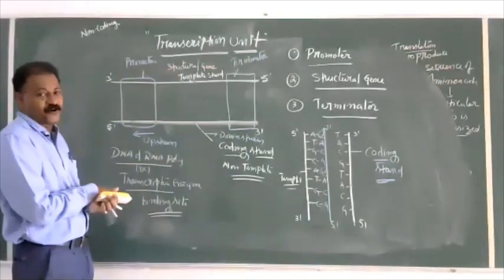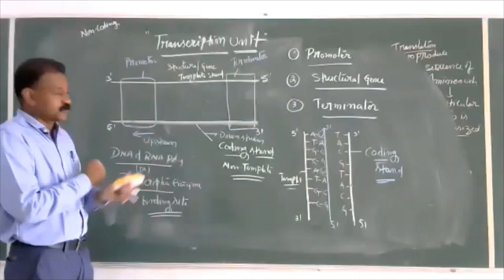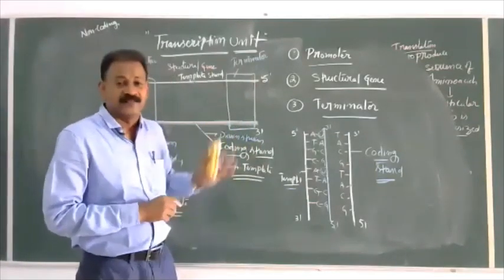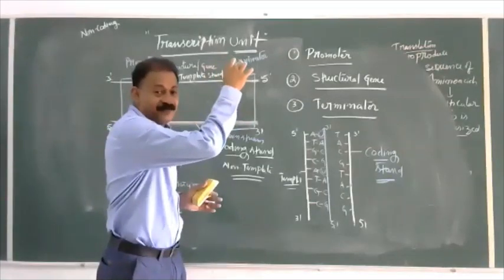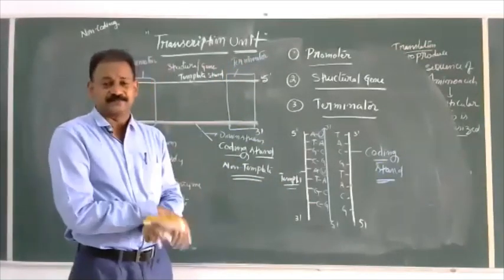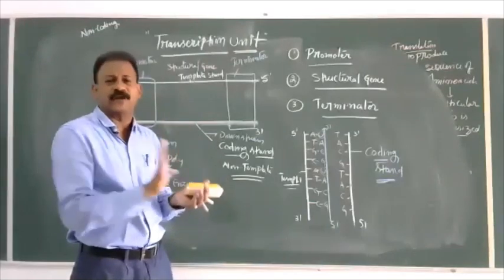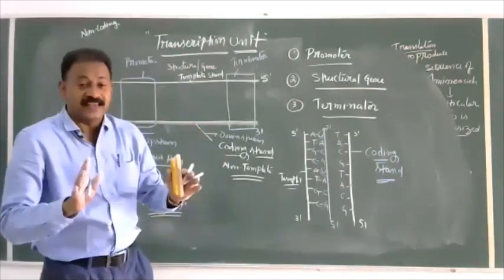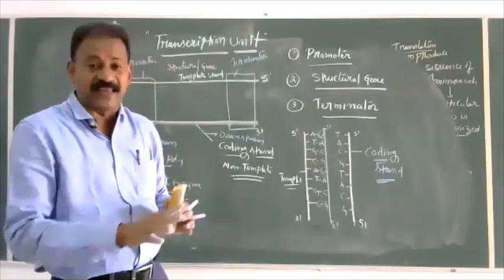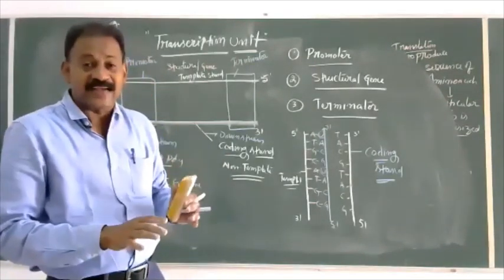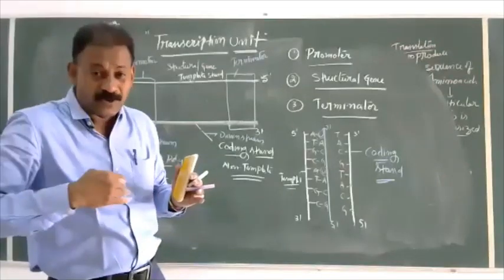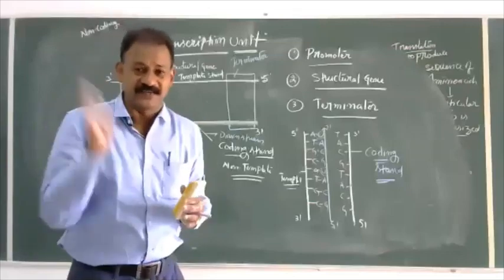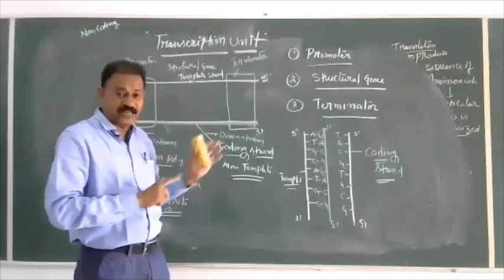If a replication fork shows one DNA strand continuous and the other DNA strand discontinuous, the reason is, out of the 4 options, that DNA dependent DNA polymerase 3 always has its polymerizing activity in the 5' to 3' direction.